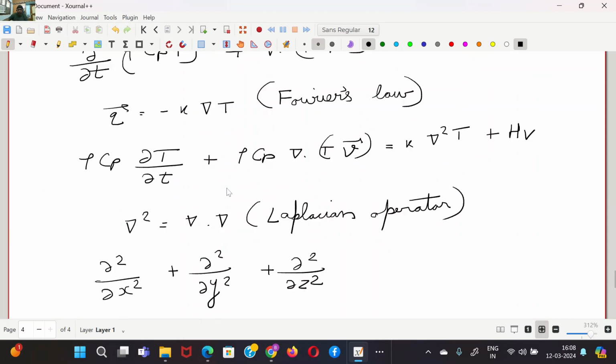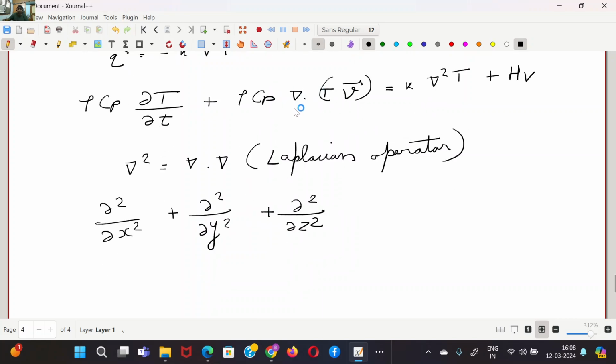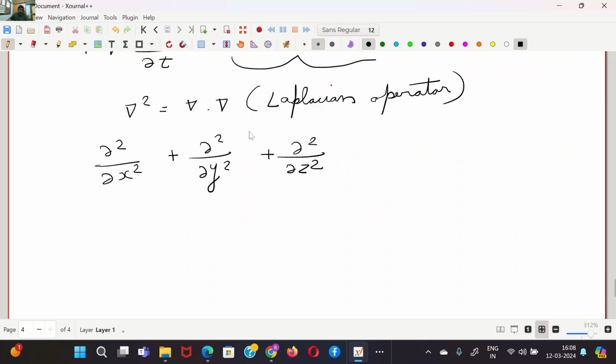Okay, so this term, let us further split it. You can write it as rho Cp v dot del T plus rho Cp T del dot v.